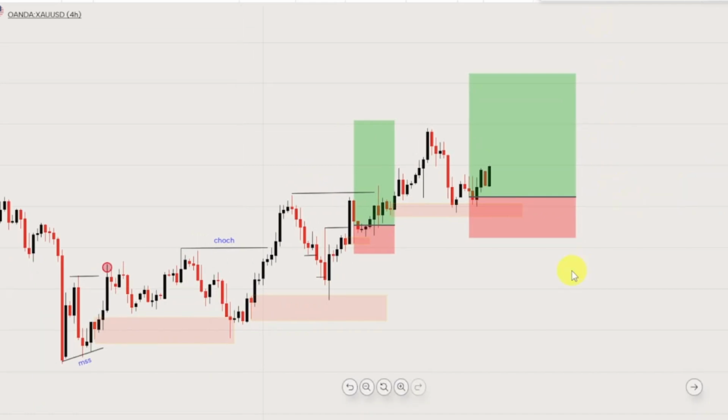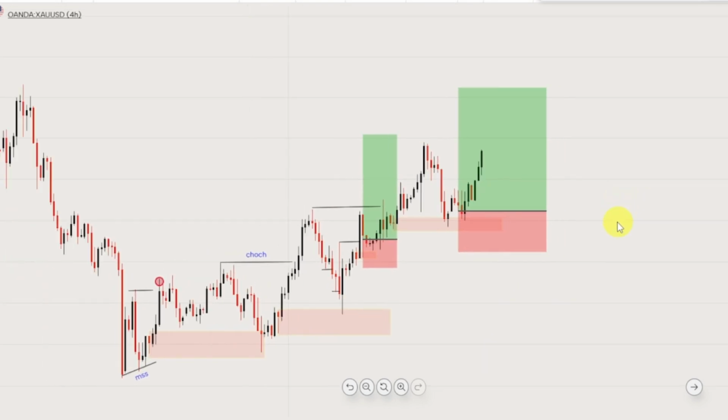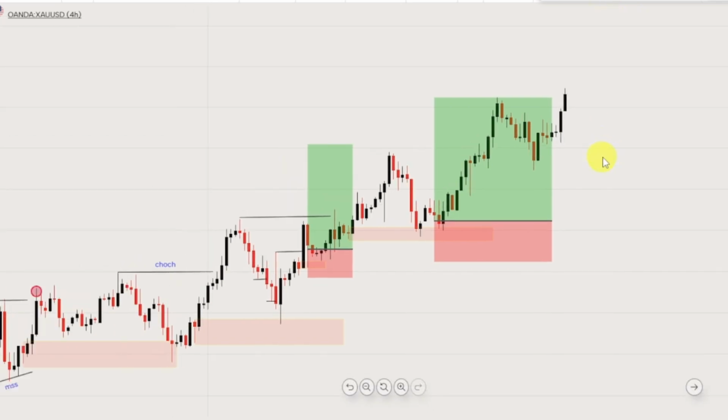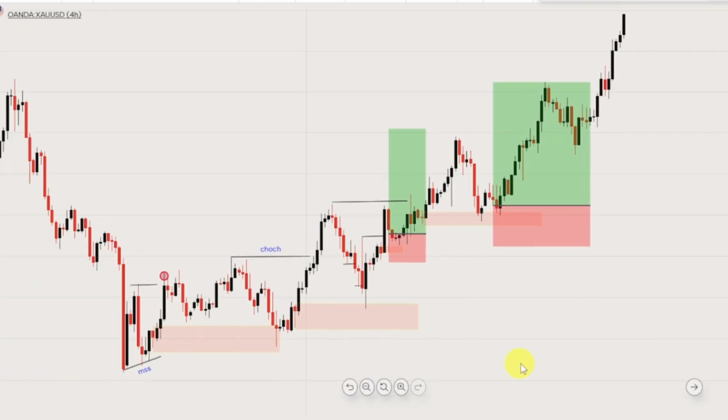Now you see price pushing up. So these are the steps to follow if you want to find a trade setup using ICT or SMC.